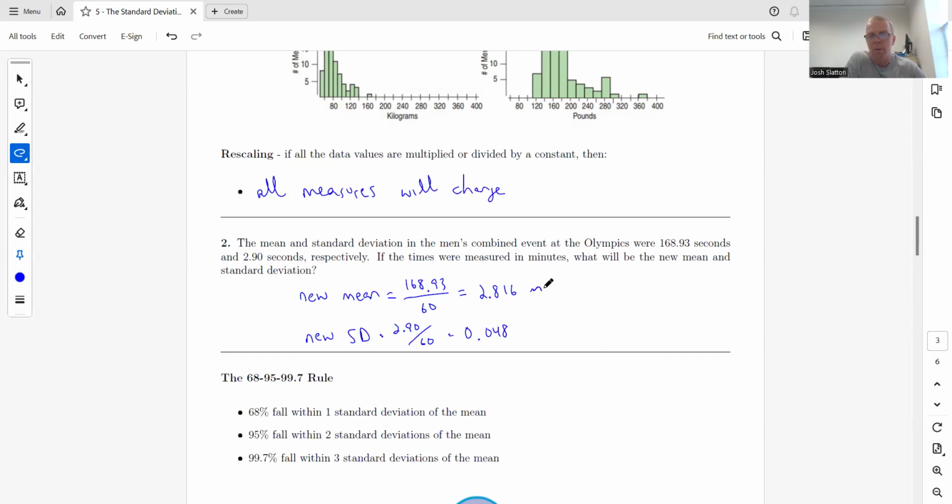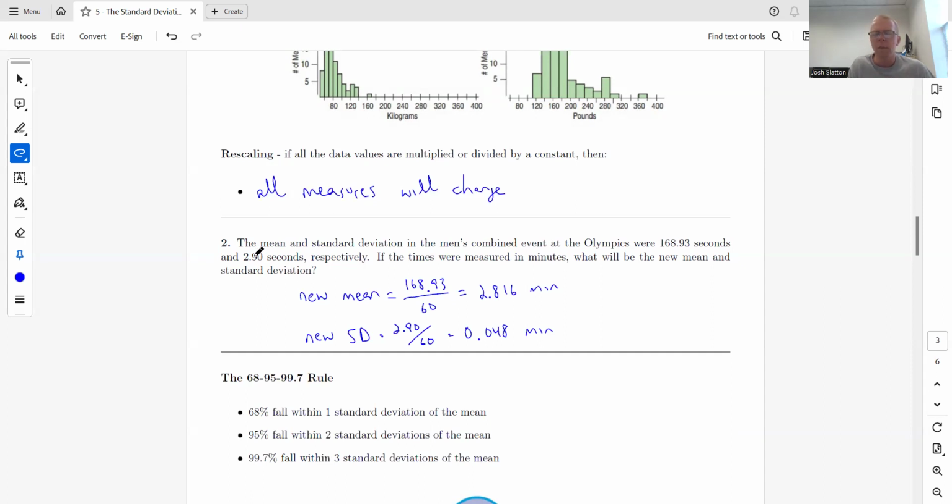And now these are both measured in minutes. And so that's how you do that. Now, if we just deducted 10 seconds or whatever it was, then we would subtract 10 from the mean, but we would not subtract 10 from the standard deviation. If it's adding and subtracting, the spread would not be affected. So keep that in mind.